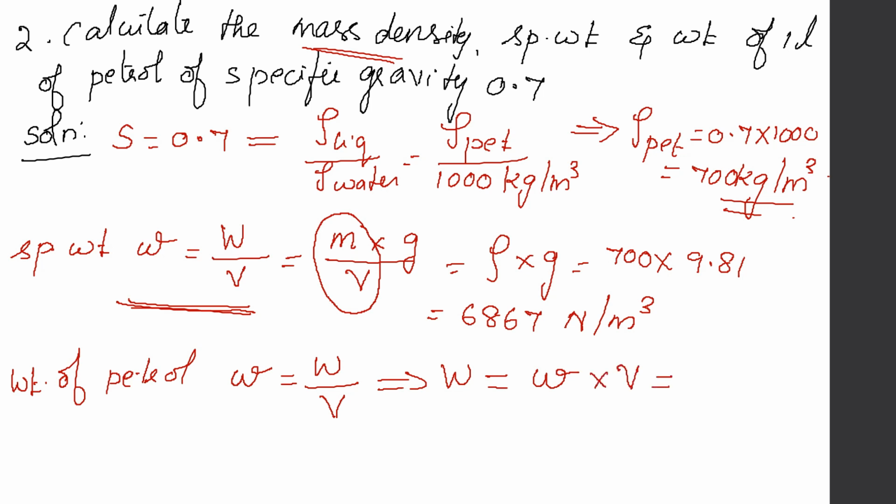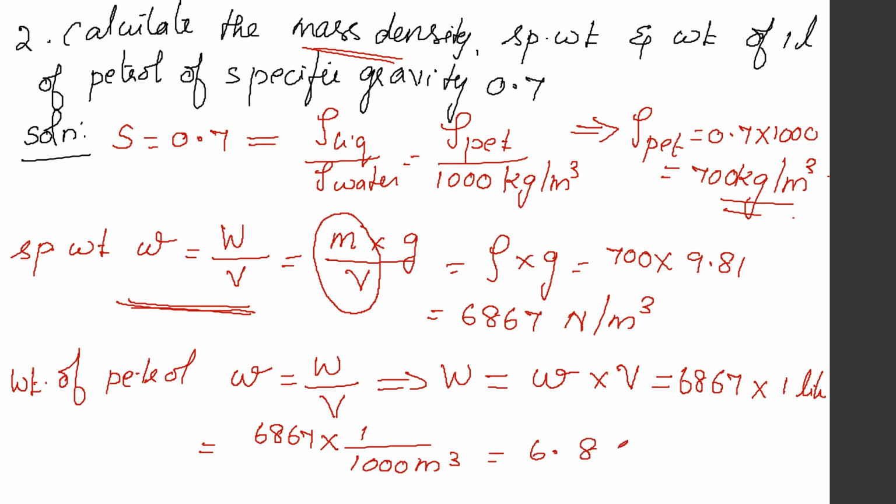So specific weight 6867 multiplied by volume, 1 liter. When you convert 1 liter to meter cube, we get 6867 into 1 by 1000 meter cube. So we get 6.86 Newton.